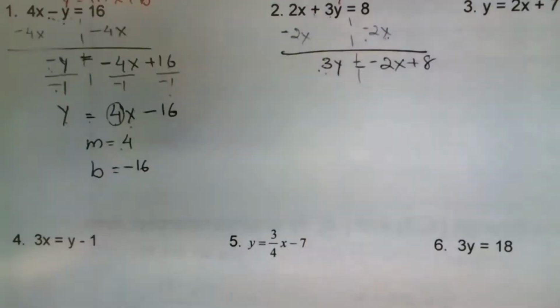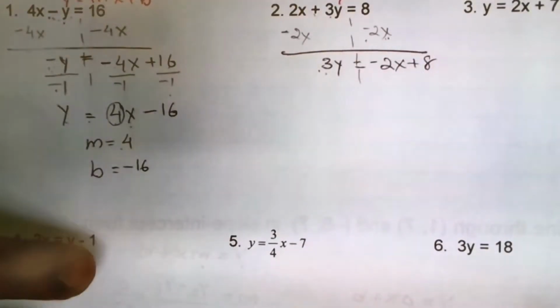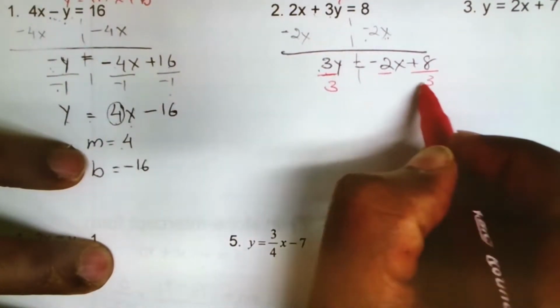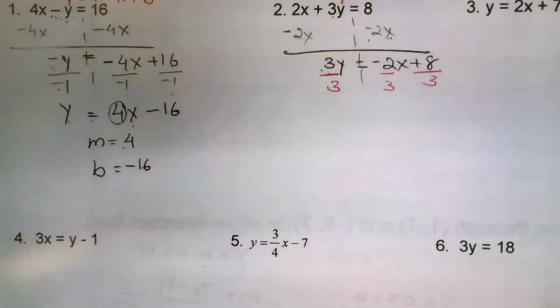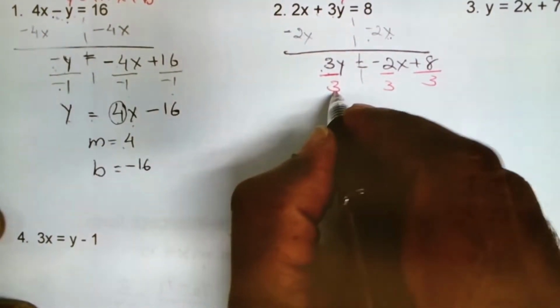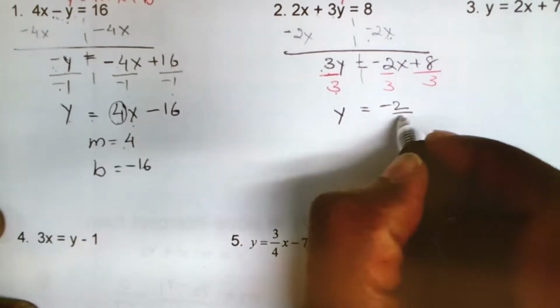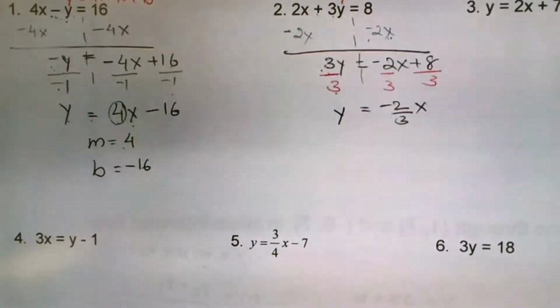To solve for y, I need to divide this with 3, so I have to divide both sides and each and every term with 3. So 3 divided by 3 is 1y is equal to negative 2 over 3x. I cannot simplify or divide it, so keep it as a fraction.